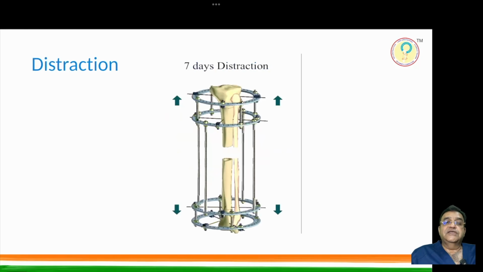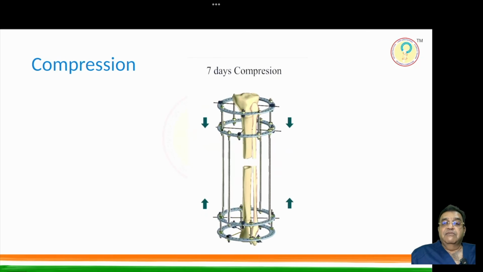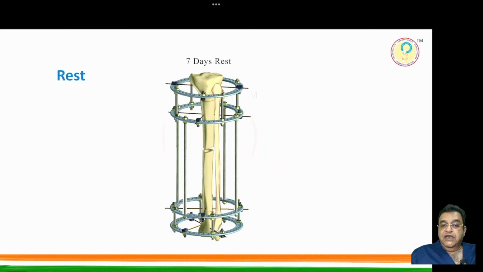What I follow is that I distract for 7 days, then I compress for 7 days, then I give a rest for 7 days, and then I do 3 cycles like this of distraction, compression and rest. In more than 90% of cases, with the accordion maneuver I can improve the quality of the regenerate. I also found that non-unions go into union when you do this maneuver.